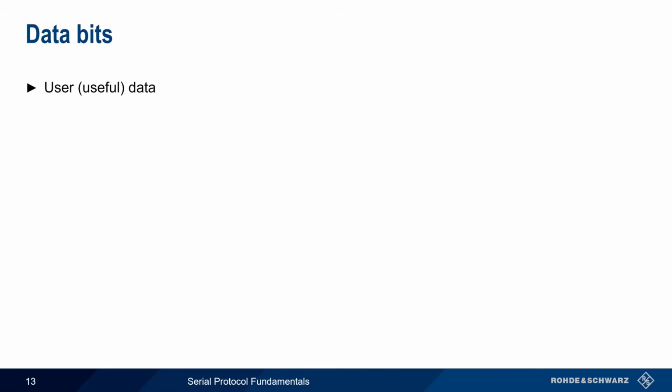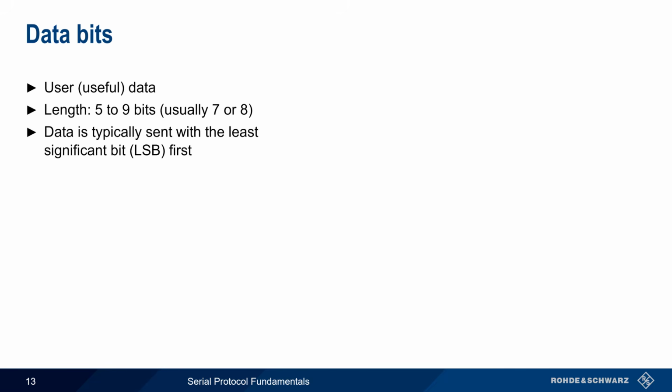The data bits are the user data, or useful bits, and come immediately after the start bit. There can be 5 to 9 user data bits, although 7 or 8 bits is most common. These data bits are usually transmitted with the least significant bit first. Let's look at an example.